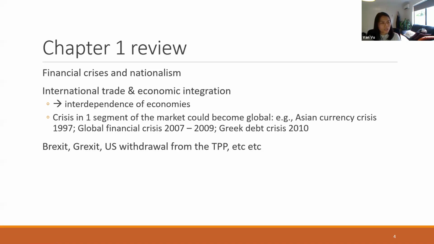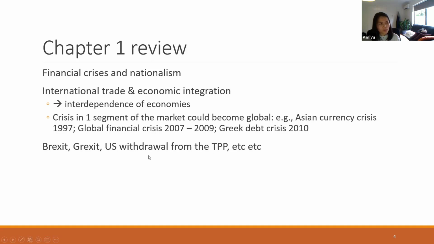Also, one of the concerning trends that we have seen in the past decade is the rise of nationalism, okay? So we've seen issues like Brexit, which is when Britain decided to break away from the European Union. Something similar was discussed in Greece in 2010, although it didn't eventualize.